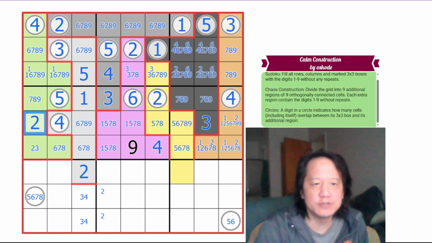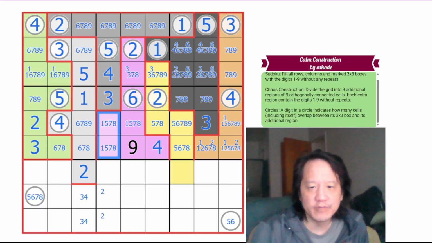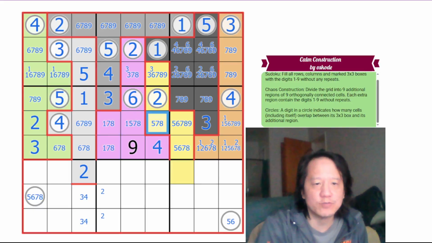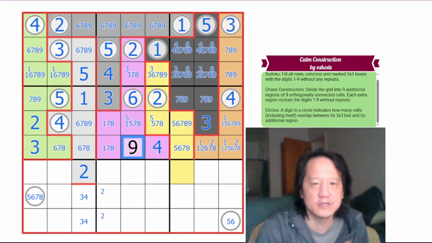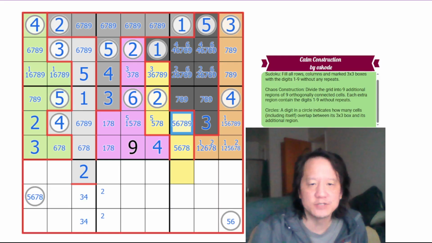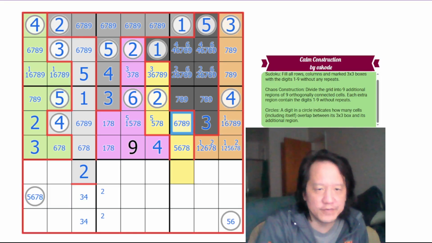So this must be 2, this must be 3. That means 2 cannot be here. These cannot be 5 because of 5 in the column, so where's 5 in box 5? It must be one of these two cells, which eliminates 5 in the rest of the row. So this is not 5.